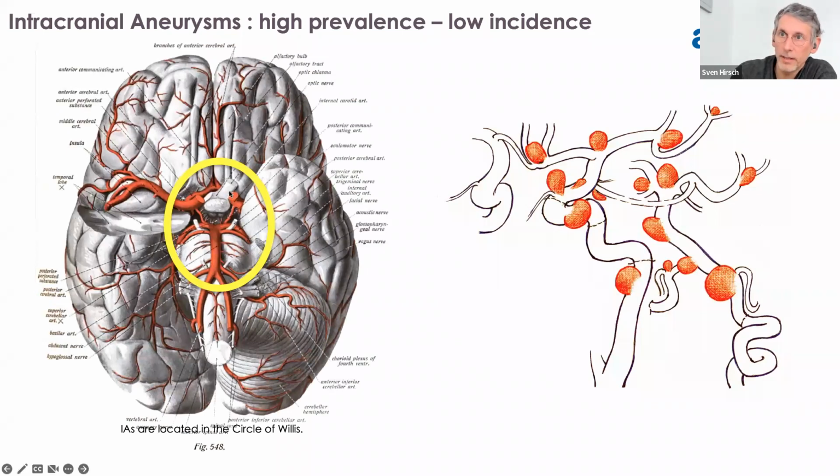They're all located in and around the Circle of Willis. The reason is that the Circle of Willis is very important for the blood supply of the brain, because it gives collaterals, and it gives redundancy in the whole blood supply.